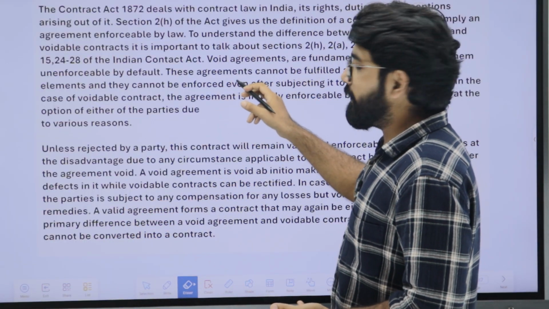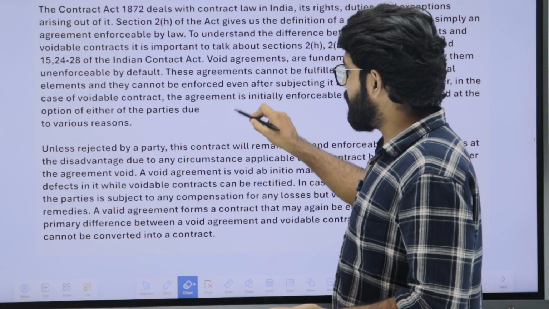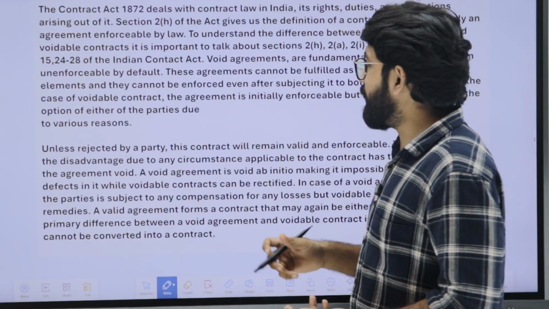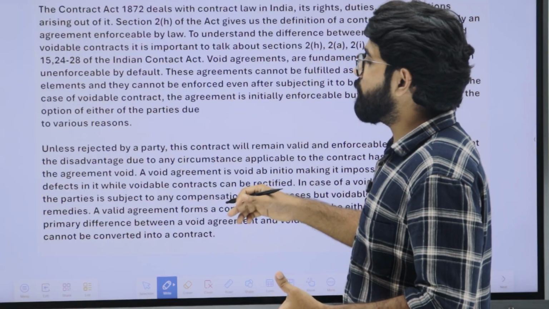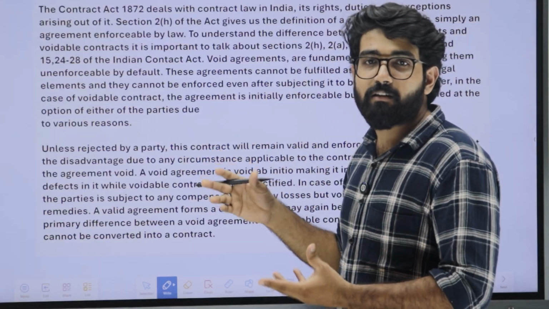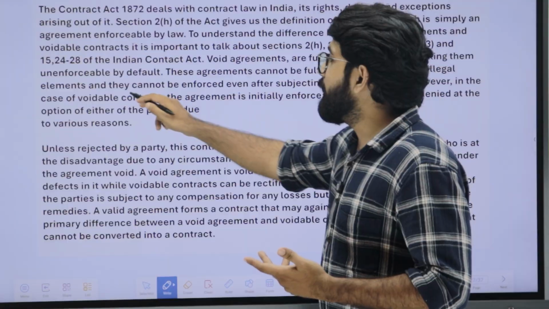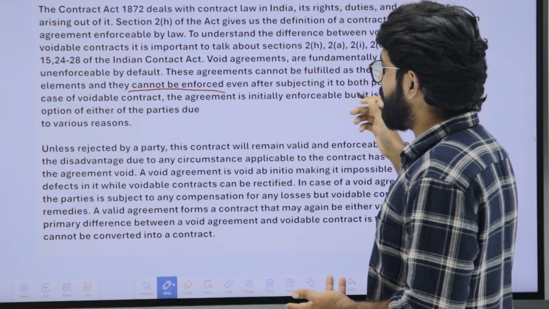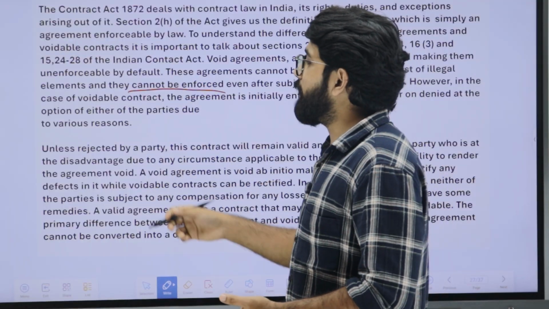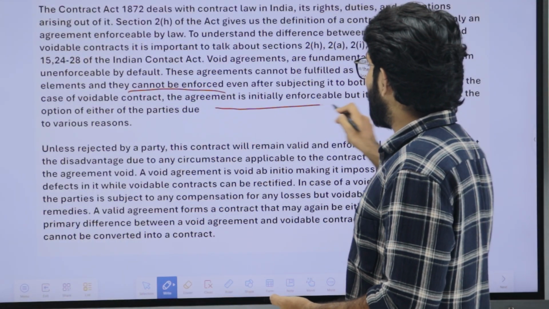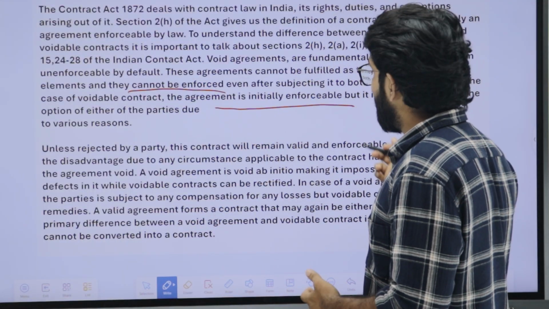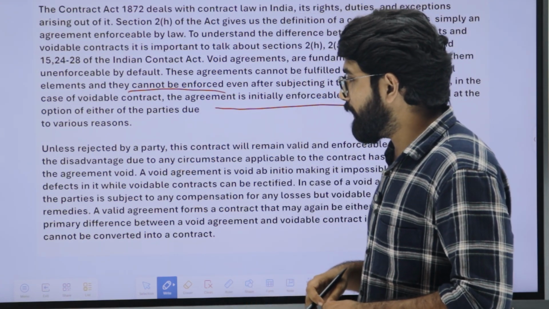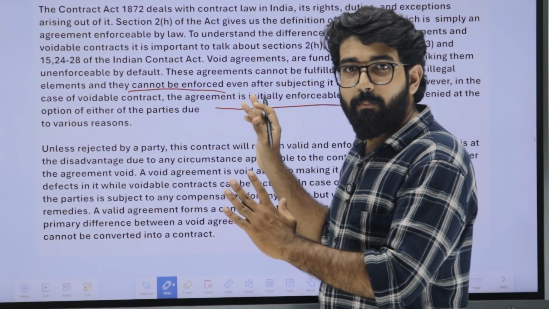In the case of void contracts, they cannot be enforced, even if both parties are interested. In relation to a voidable contract, the agreement was initially enforceable but later denied at the option of either party due to various reasons. That is the main theme there.